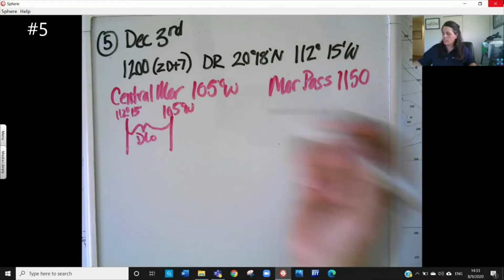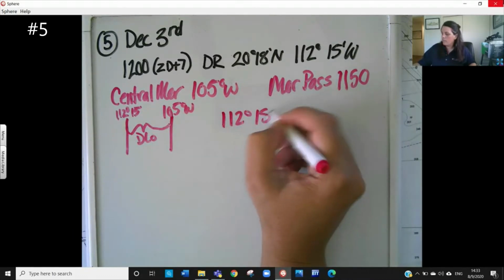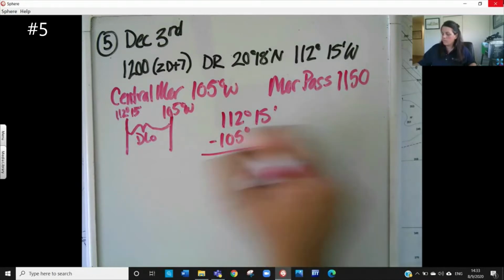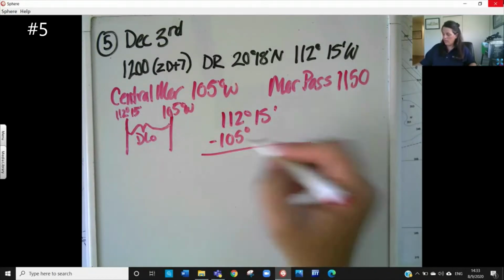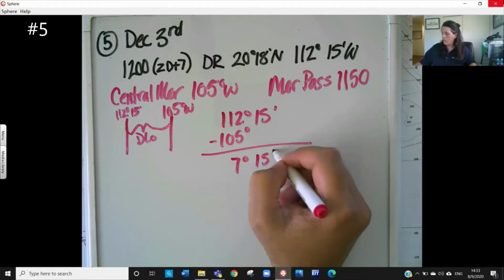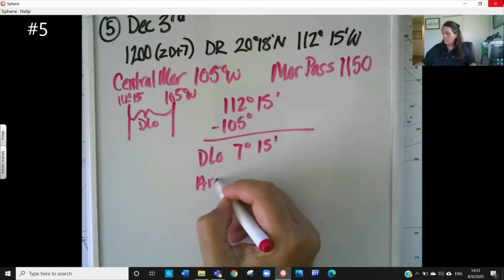So what is our DLO? We have a difference here of 7 degrees, 15 minutes for our DLO. Now we need to convert that to time.